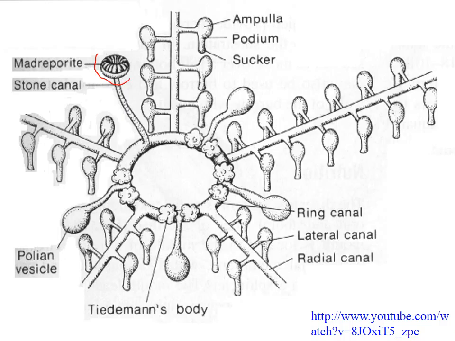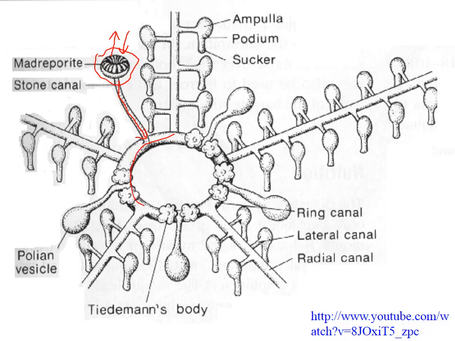They have something called a madrepore, which opens to the outside environment, and it's like a sieve. Large particles are sieved out as water goes in or out of the system. Then there's a stone canal, which is very hard and leads from the madrepore into the main system.